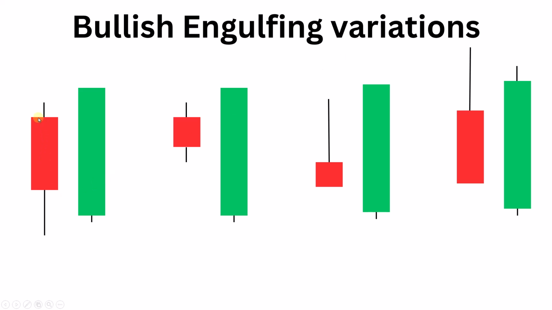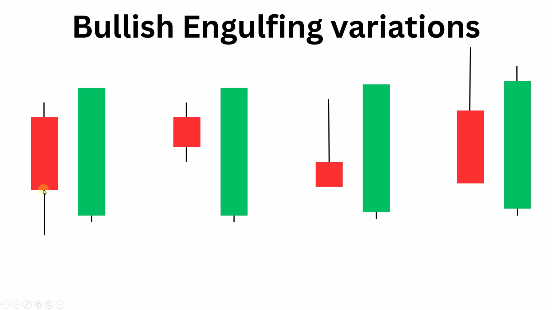Here if you see, the entire red body comes inside the entire green body, or the green body is completely engulfing the red body. This level is lower than this level, and this level is higher than this level. So the entire red body has been covered by the green body.